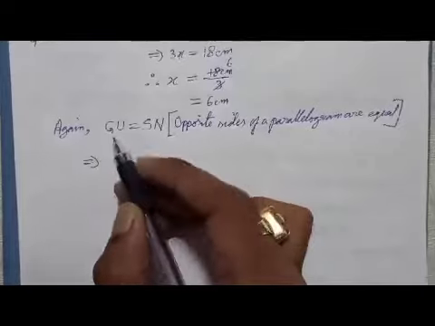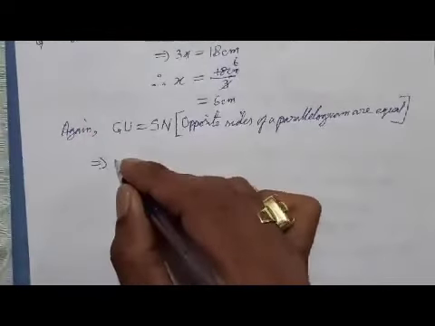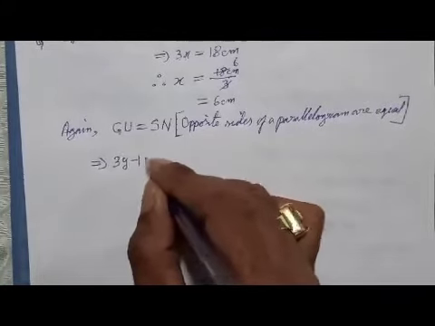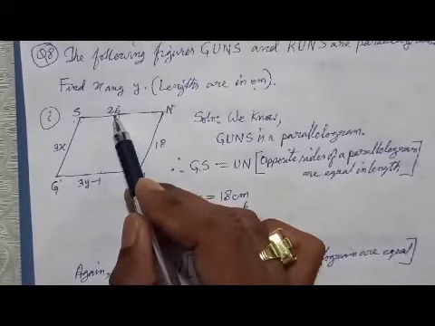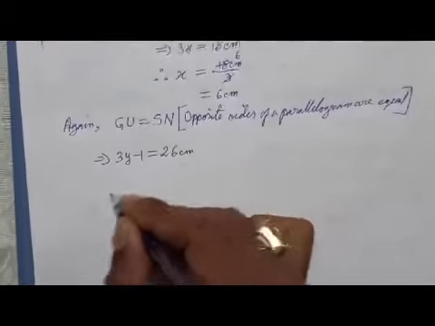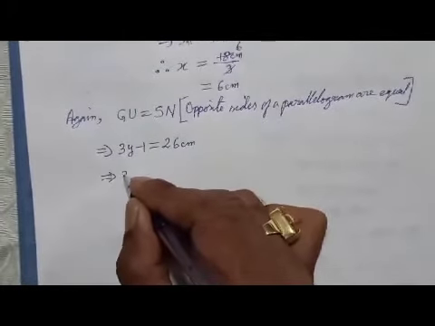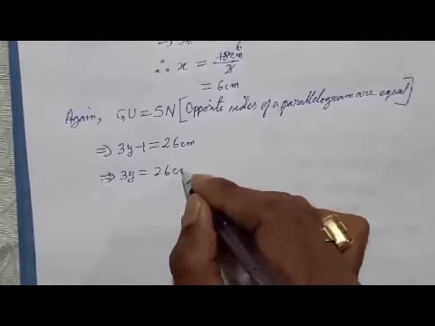This implies that GU side is 3y minus 1, and 3y minus 1 is equal to SN side, which is 26 centimeter. This implies that 3y is equal to 26 centimeter.